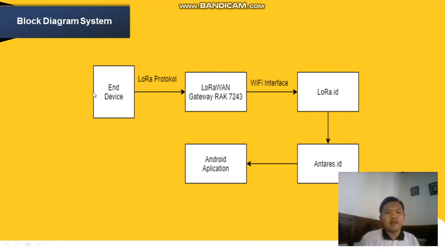End device transmits in a LoRaWAN gateway RAK with LoRa protocol. Next, LoRaWAN gateway transmits LoRa ID with Wi-Fi interface. LoRa ID transmits and receives in Antares ID. Antares ID transmits and receives in Android application.